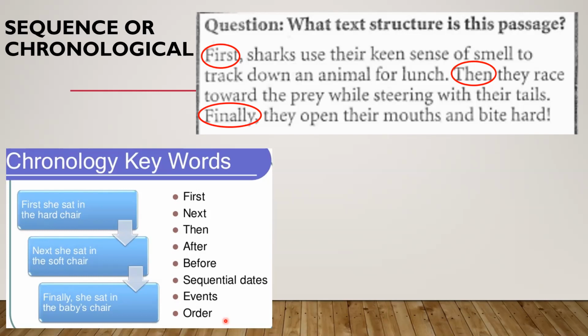Then they race towards their prey. Then they open their mouths and they bite hard on the animal that they were tracking. So this tells us that this is chronological or a sequence of something.